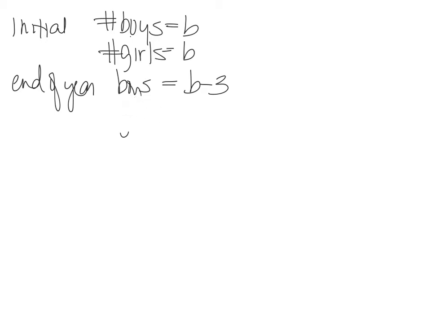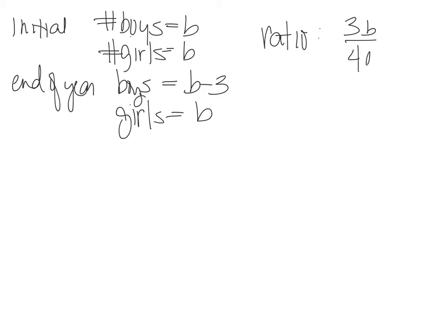I've been putting T on that, girls. So for the boys I have B minus 3, and for girls I still have B. And then our ratio of boys to girls is 3 boys to 4 girls.